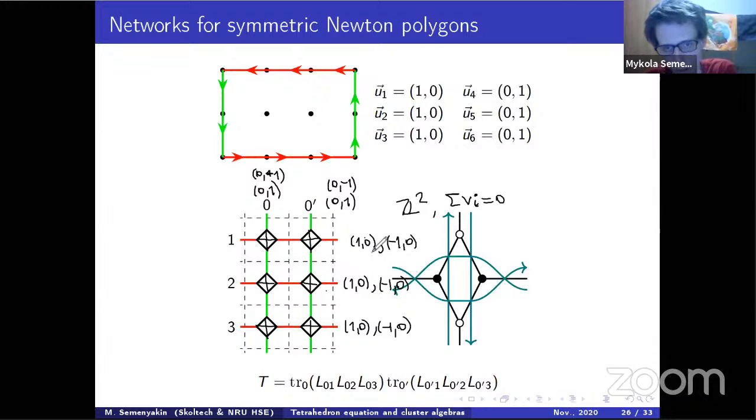The (1, 0) vectors are the bottom side of this polygon, the (0, 1) are the right side, (-1, 0) is the top side, and (0, -1) is the left side. This is how we obtain the Newton polygon from this drawing.